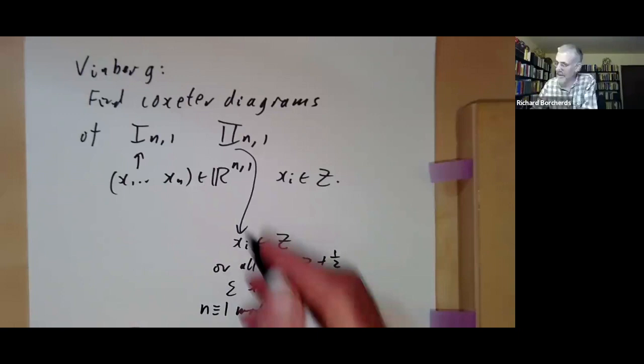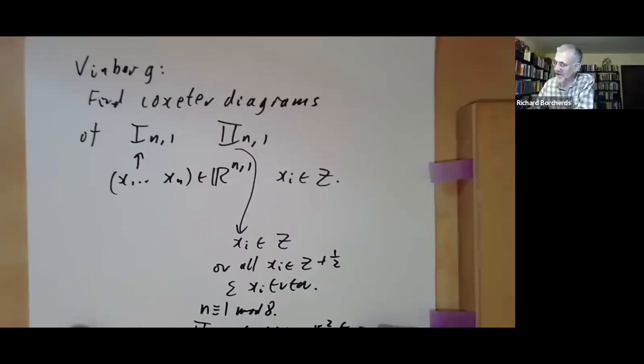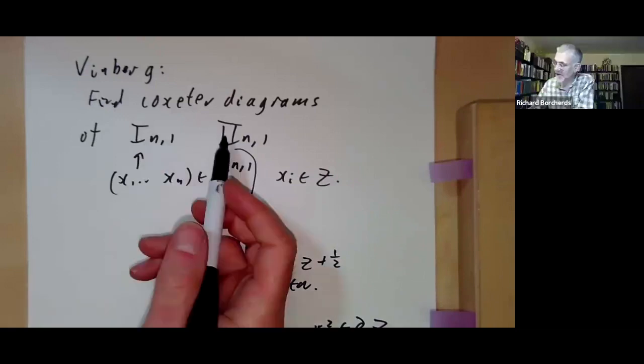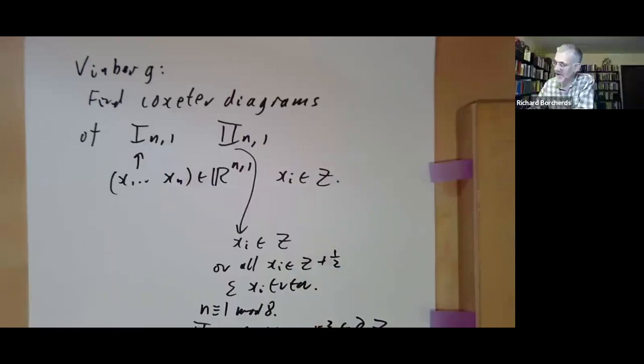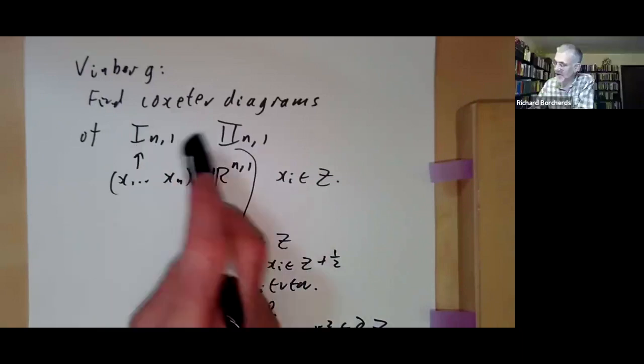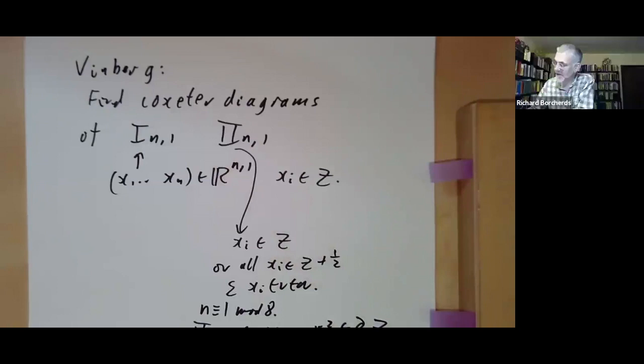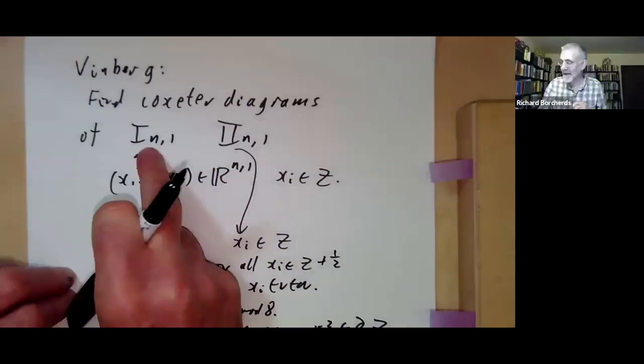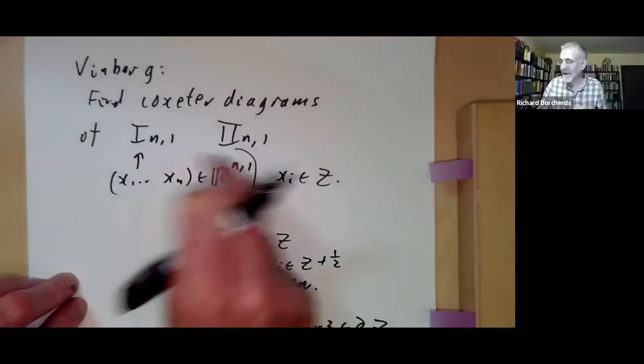This means that r squared is always even rather than just any integer. So these are both unimodular lattices. That means the volume of a fundamental domain is just 1. And in fact, up to isomorphism, they're the only unimodular lattices in Lorentzian space. So the problem is to find the reflection groups of these lattices. And for this, he introduced Vinberg's algorithm.